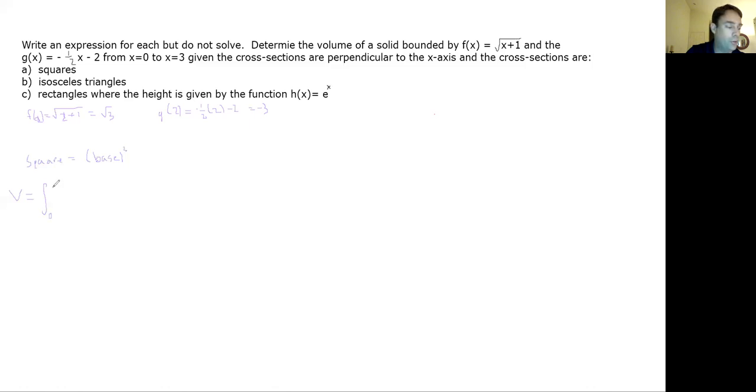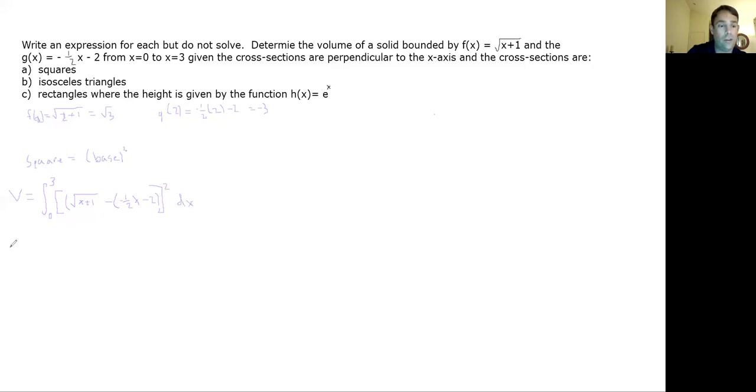So from 0 to 3, that would end up being f of x, so the square root of x plus 1, minus my g of x function, minus negative 1/2 x minus 2. And I'm going to square the entire thing.